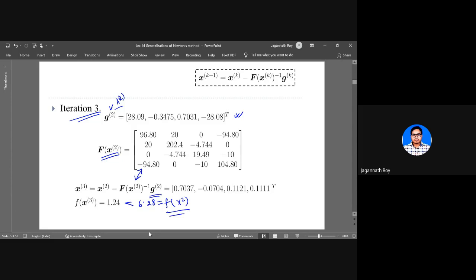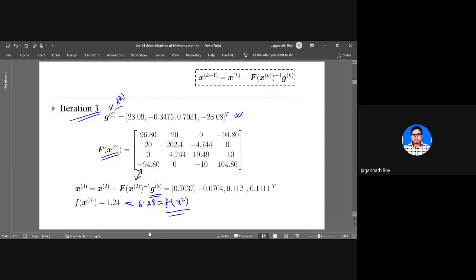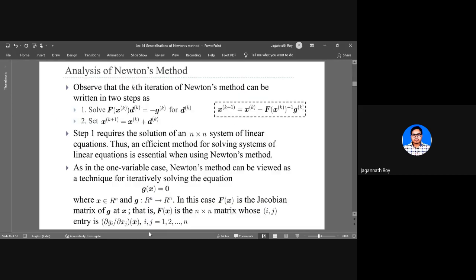So we can see that we are gradually converging to the optimal point. Okay. Now in this way we perform this, provided this Hessian matrix is positive definite. If it is not positive definite, then we will have trouble. Okay. So these are the remarks that have been made.